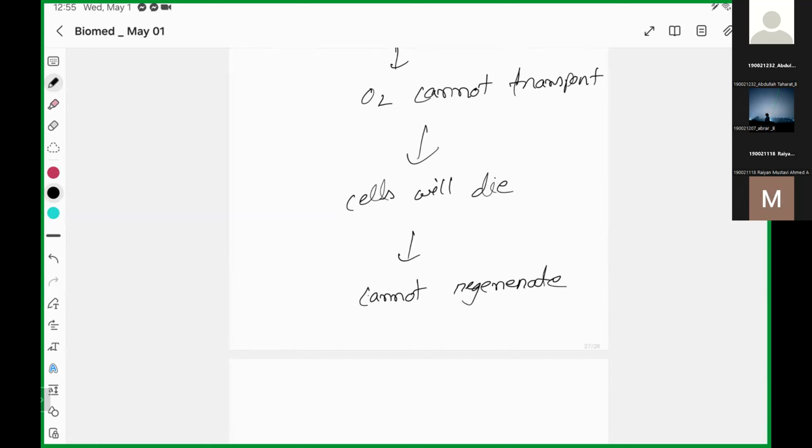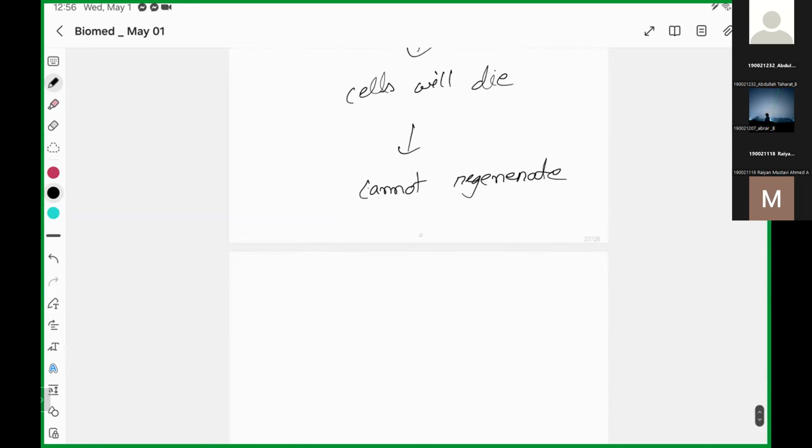When the heart cells have died, gradually the impulses will decrease, and ultimately you will have a failure.